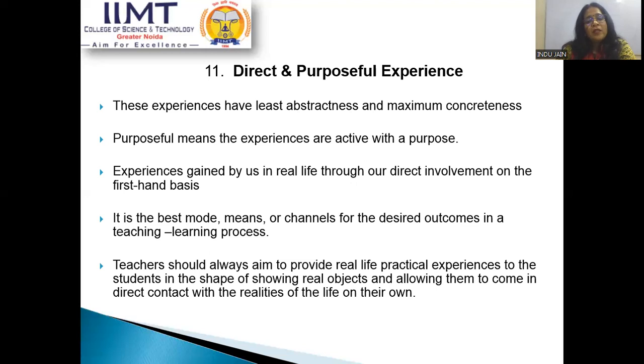These experiences have least abstractness and maximum concreteness, meaning direct experience. Purposeful means the experiences are active with a purpose. These purposeful activities are very much related to the life of a particular person.